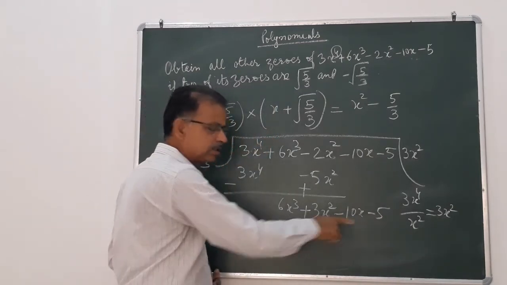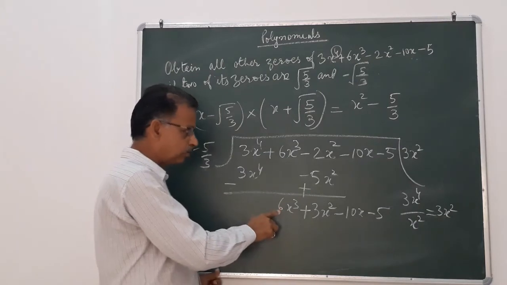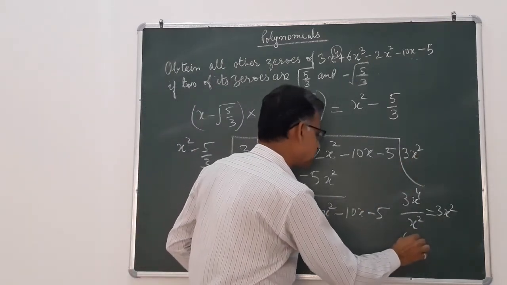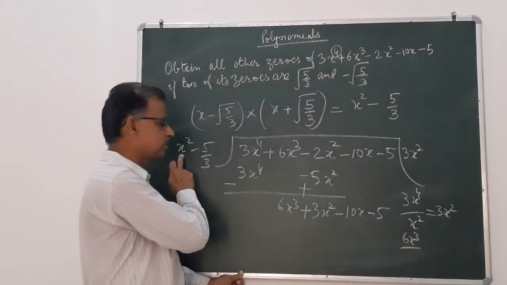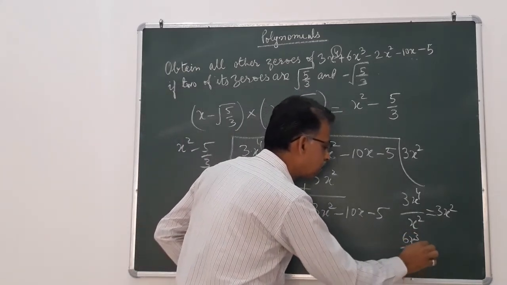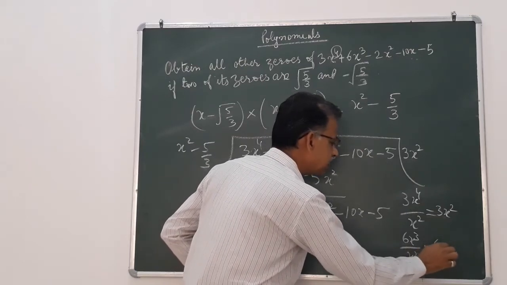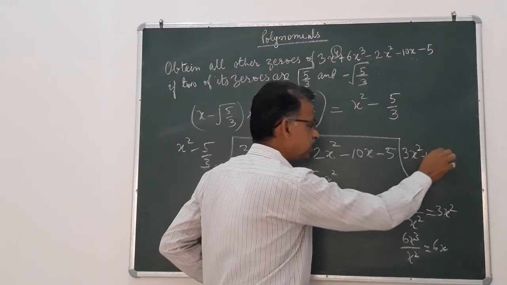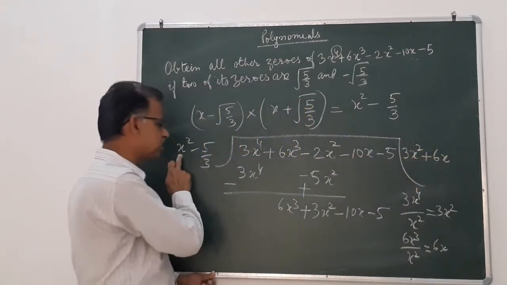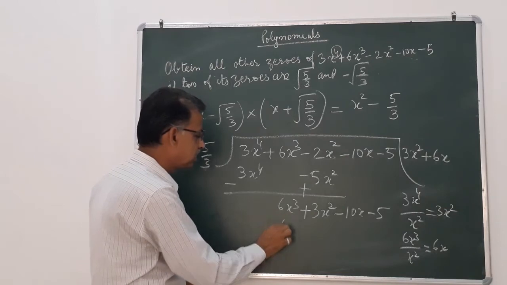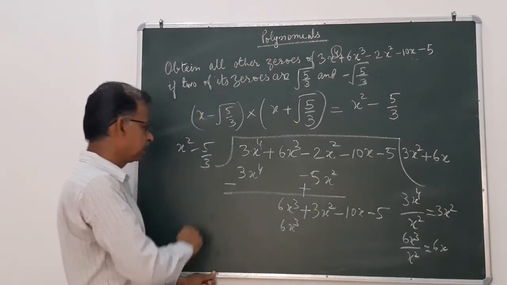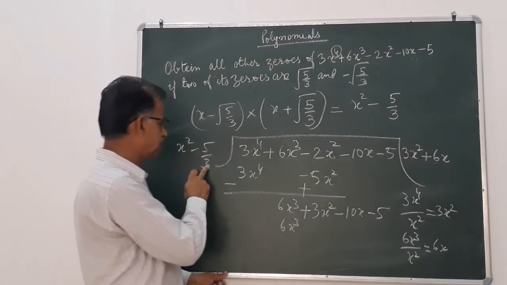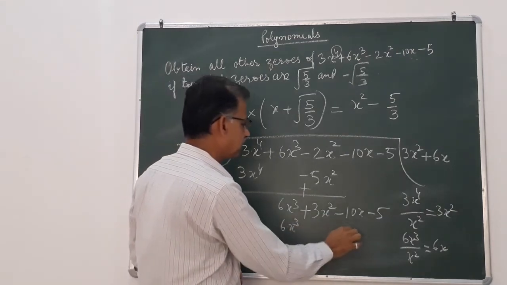This is in standard form. Now to find the second term of the quotient, we divide 6x cube by x square. We get 6x, which is of positive sign, so we write plus 6x. 6x into x square, 6x cube. 6x into minus 5 by 3 is minus 10x.